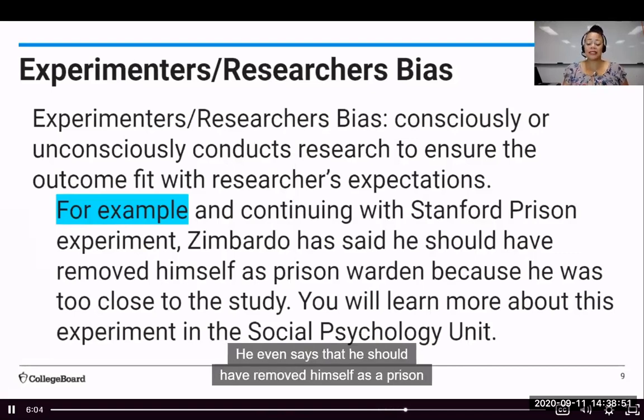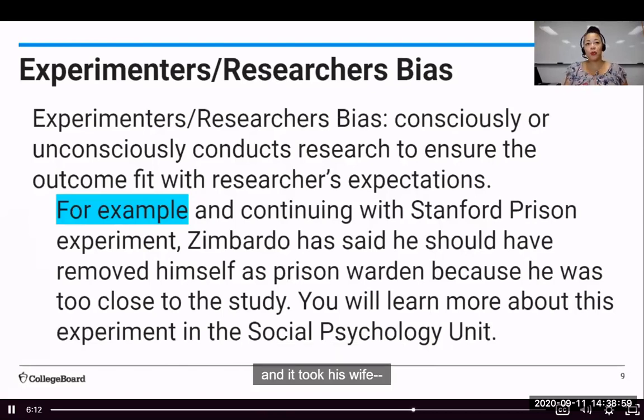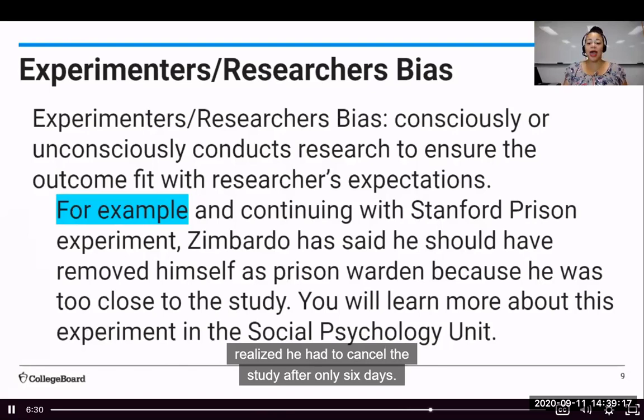He even says that he should have removed himself as a prison warden because he was too close to the study. And it took his future wife, you've got to hear that story, it's really funny, to say to him, you're doing really wrong by these young men. What you're doing is not right. And it was at that moment that he realized he had to cancel his study after only 6 days.